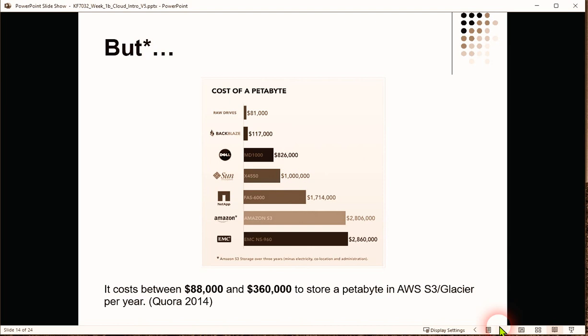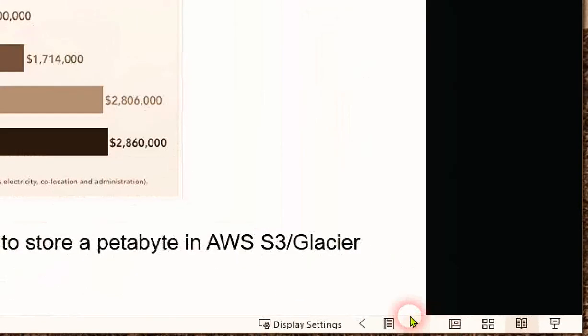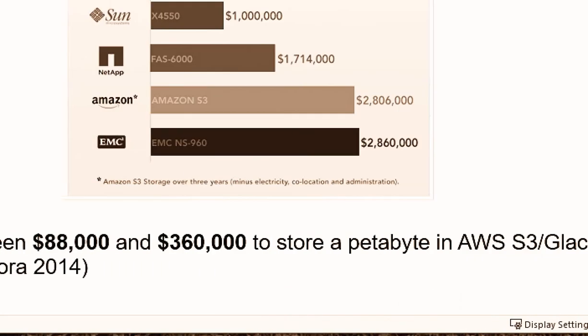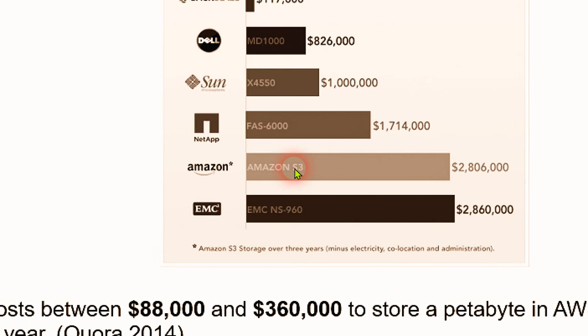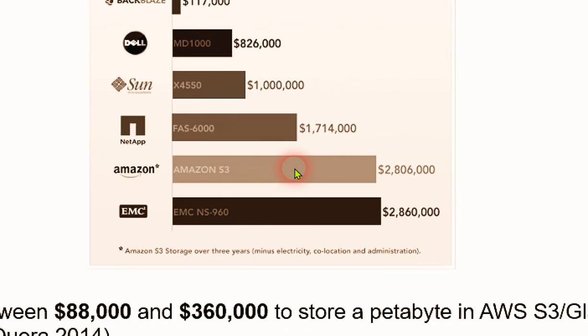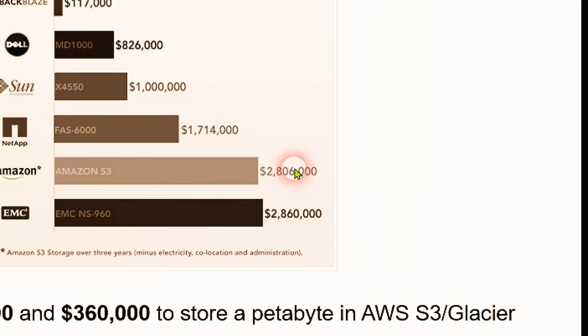One thing about any of the numbers quoted here, prices change regularly, quite often in a downwards direction because of the competition. So the service that's mentioned here, the Amazon service, is S3, which is an immediate access service. That's saying it would have been $2 million.